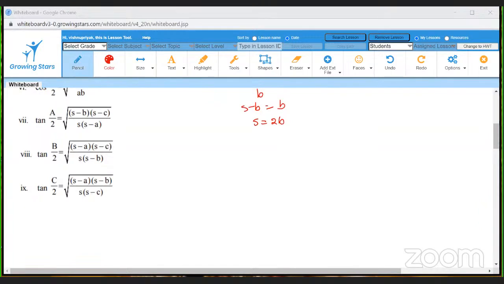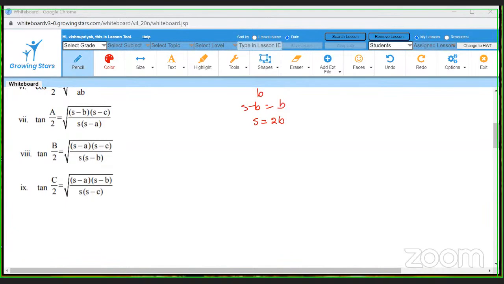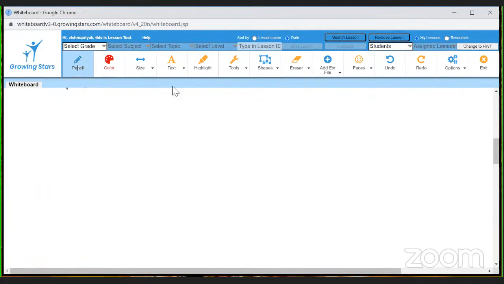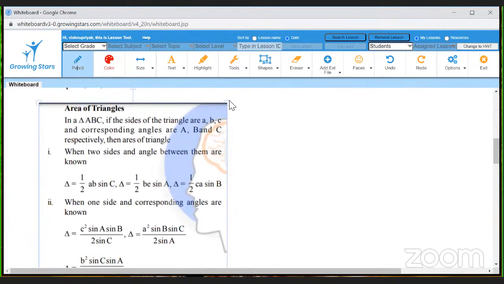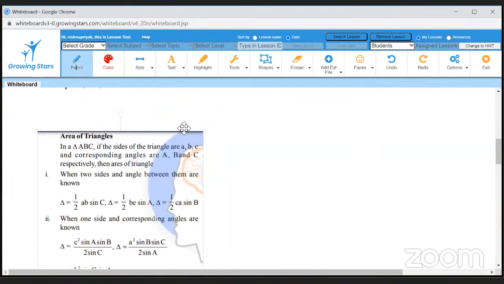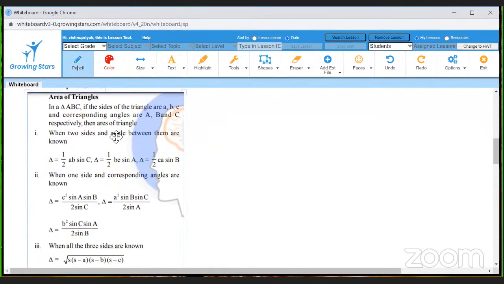I'll give you another set of questions. Another set of formulas. Go through these formulas also. There is nothing to explain here. Just go through these formulas.